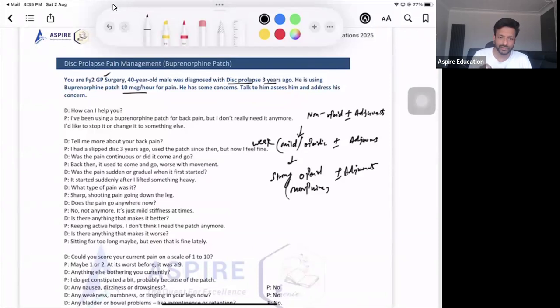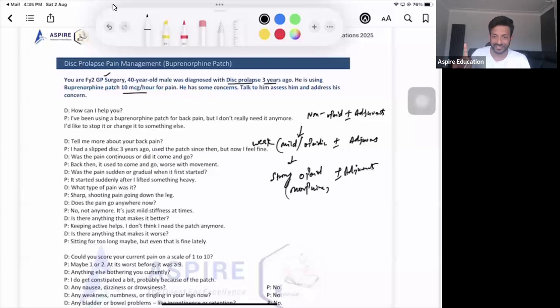And the patches, usually this buprenorphine patch, there are 2 kinds depending on the concentration. It might be working for 3 days, it might be working for 7 days, right? So depending on that. But as I said, it takes 12 to 24 hours to show its effect. If it is for 3 days, for example, it takes 12 to 24 hours to show its effect, but it's going to work for 3 days.